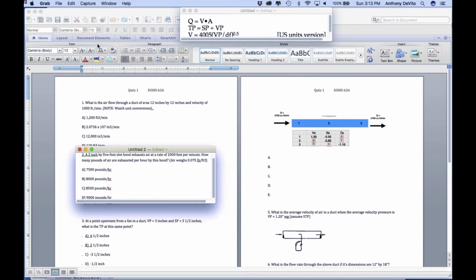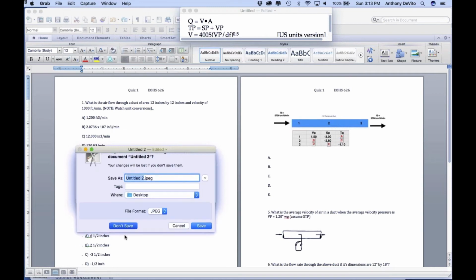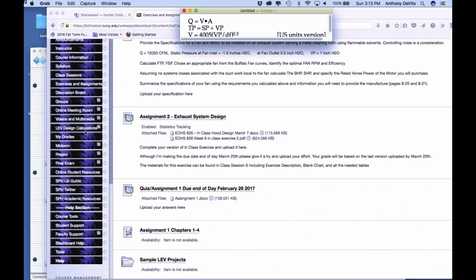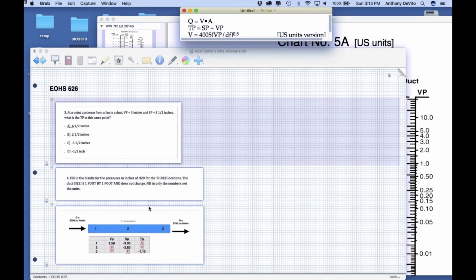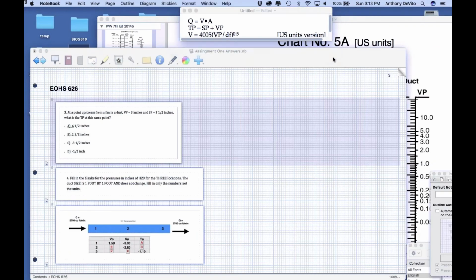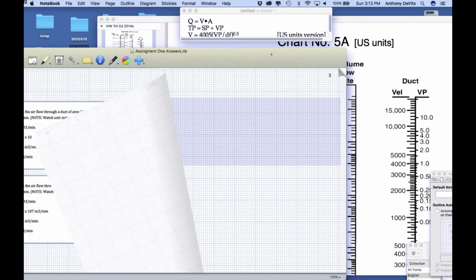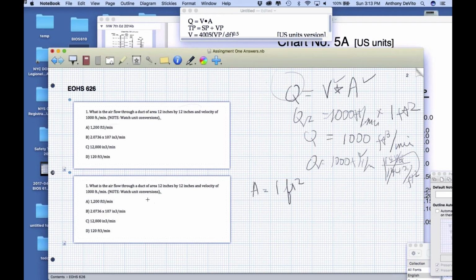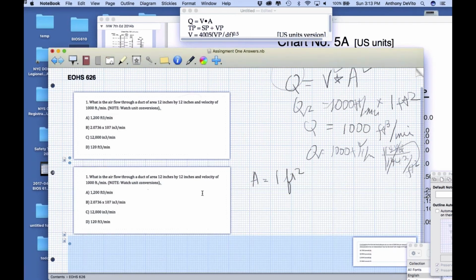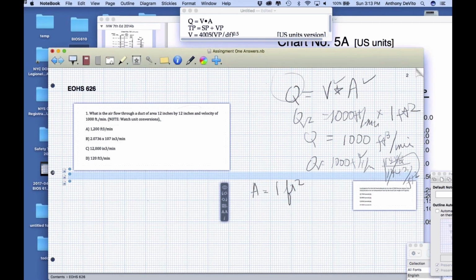I think I got enough of it. I'll leave that open in the meantime in case we need to go back there. Okay, let me get rid of this one.